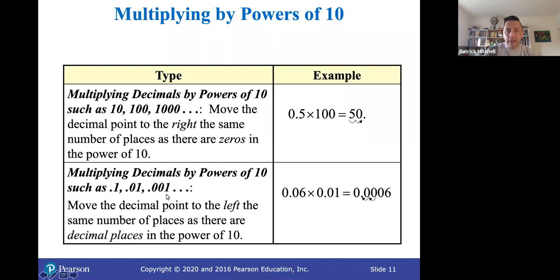Depending on how you write your decimal, that may or may not work. But if you use the number of decimal places, you'll get the right answer. So for example, if you're doing 6 hundredths times 1/100th, 1/100th has 2 decimal places. So I'm going to take my decimal point from here and move it 2 places to the left. The answer is 6 10,000ths.